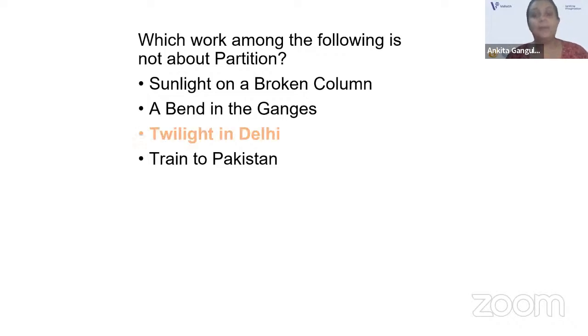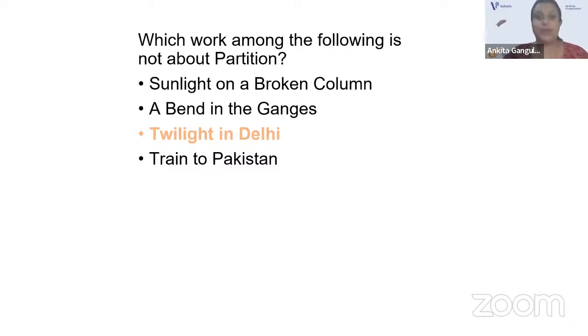Here the backdrop is not partition. Twilight in Delhi is Ahmed Ali's first novel. It was originally published in English by the Hogarth Press in Britain in 1940. This novel addresses India's changing social, political, and cultural climate following colonialism. So this work is not about partition, but the other three novels are about partition riots.